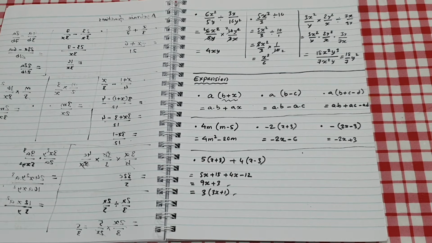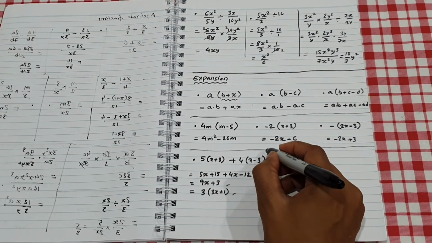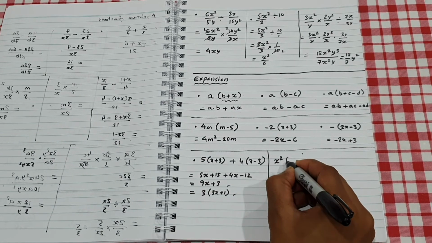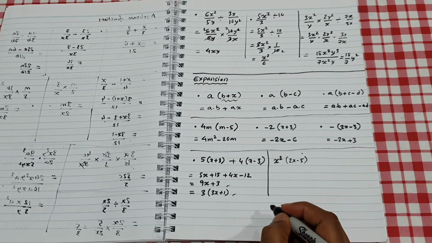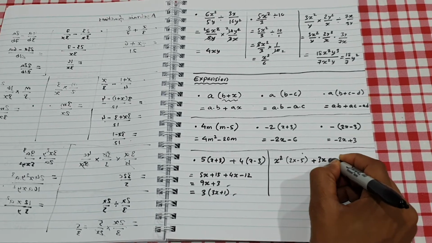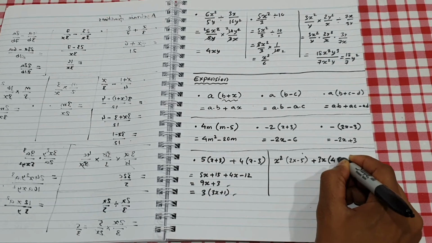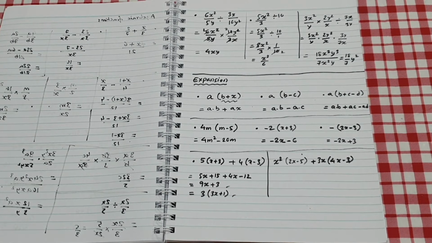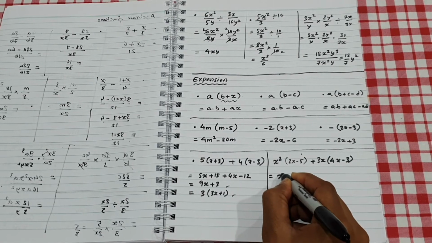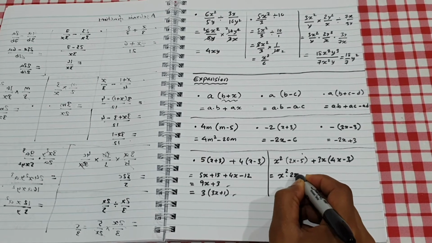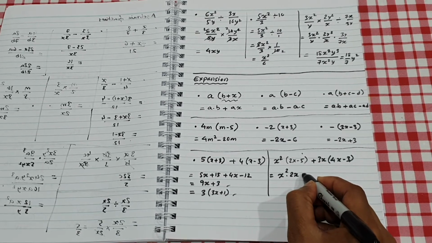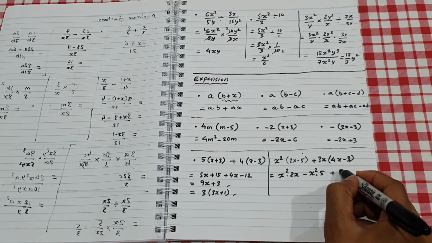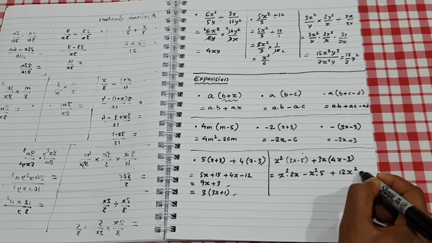Both are correct. Let's take some more examples like these. x squared(2x minus 5) plus 3x(4x minus 3). So x squared times 2x, and then minus x squared times 5, plus 12x squared minus 9x.